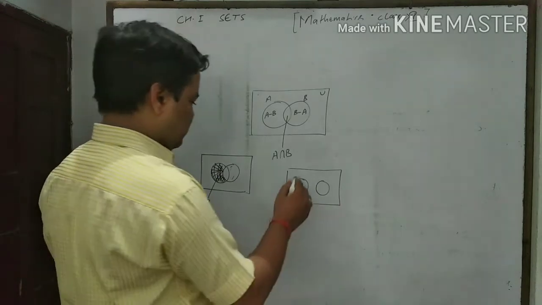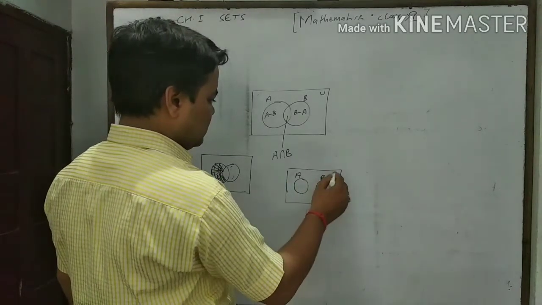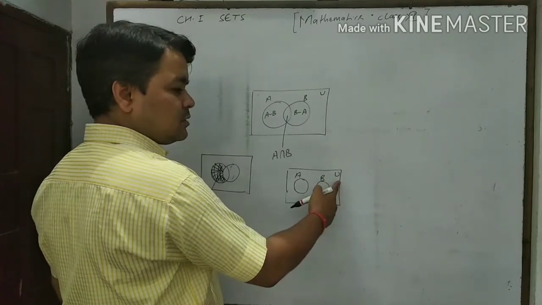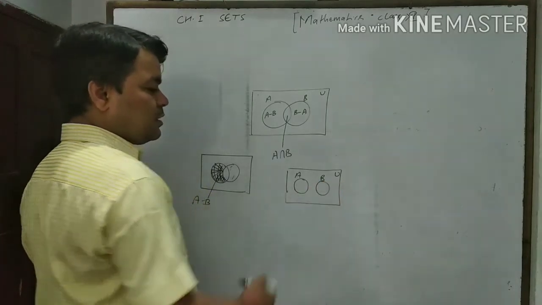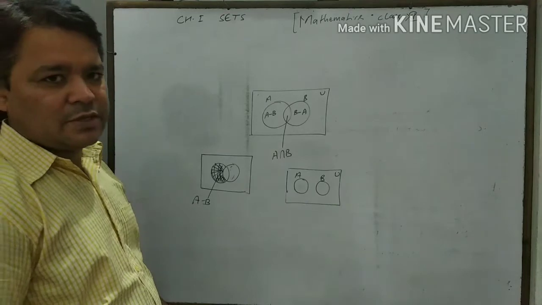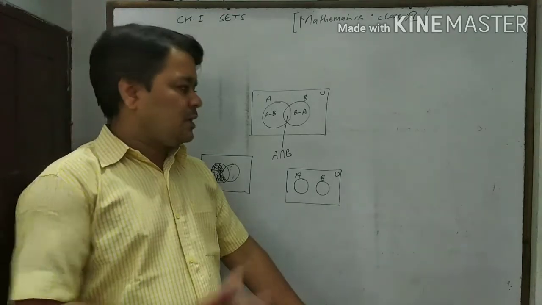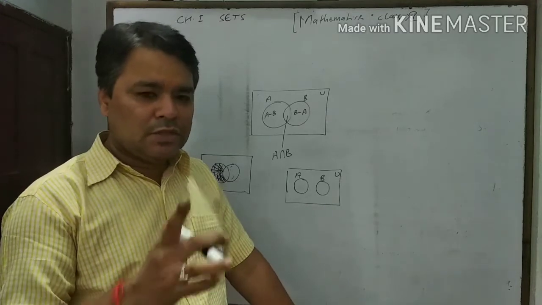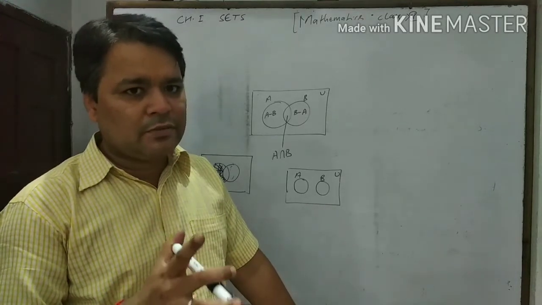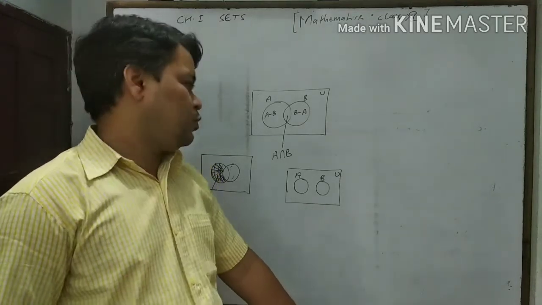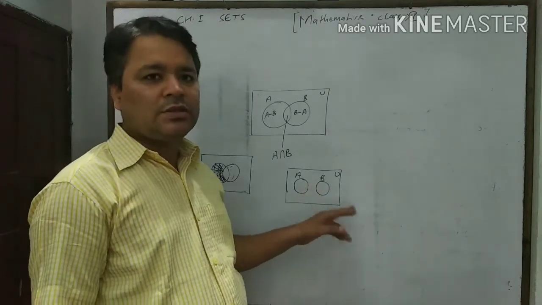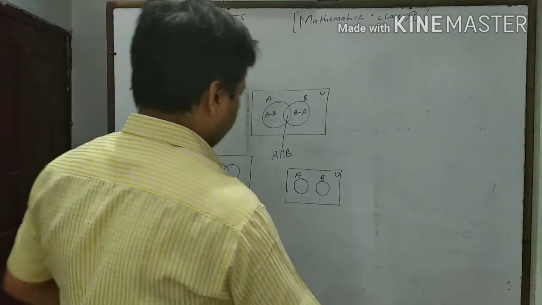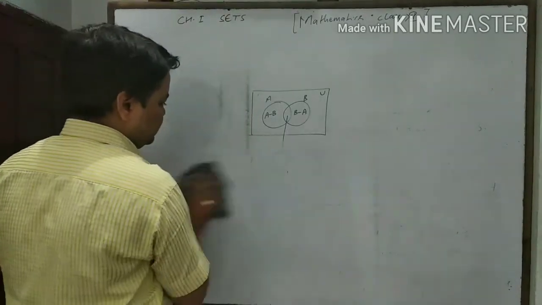Sets A and B are subsets of the universal set U, but they are not common; they are disjoint. For example, take the English alphabet, with one set of consonants and one set of vowels. Both are disjoint sets, meaning no element is common.